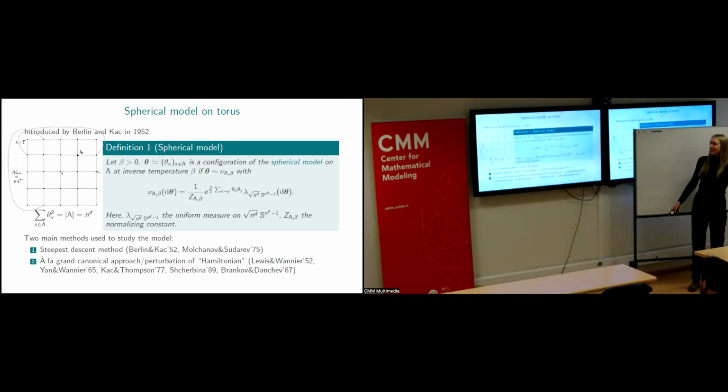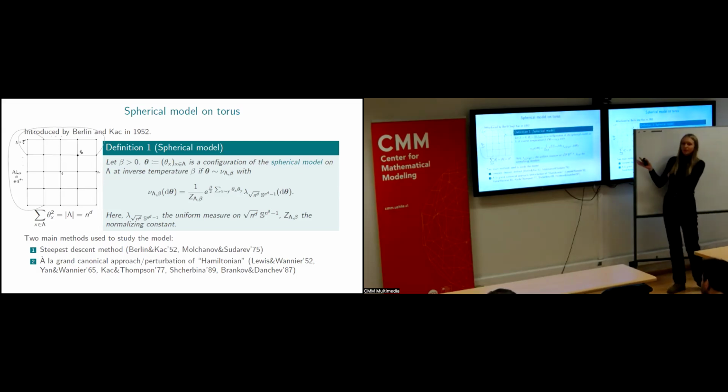But this model is still quite nice because, in physics, if one understands something called the free energy, then one understands the model in some sense. In this model, this quantity can be computed explicitly. This model is also not trivial: in dimension 3 and higher it exhibits a phase transition, while in dimension 2 it doesn't.